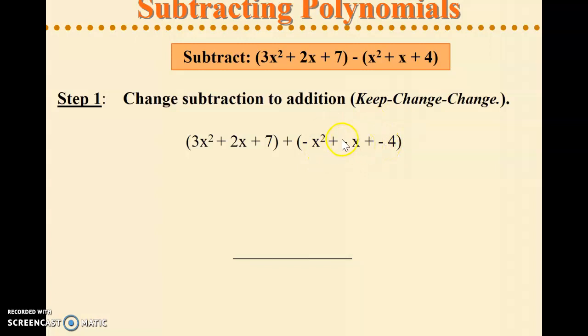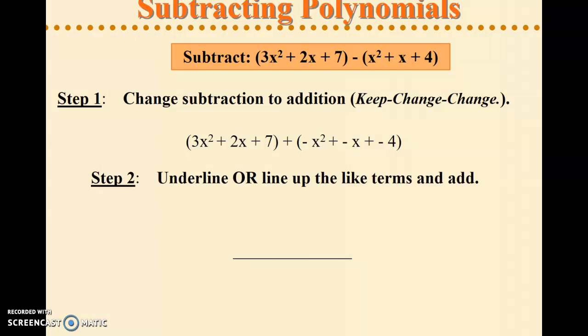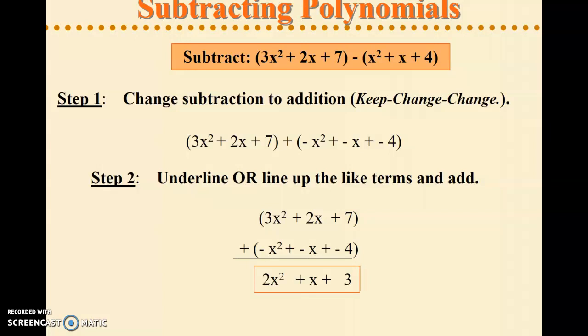Okay, just change them. I would even cross out the plus and make them minuses. You can underline or line them up and add, and you're going to add now. And that's your answer.